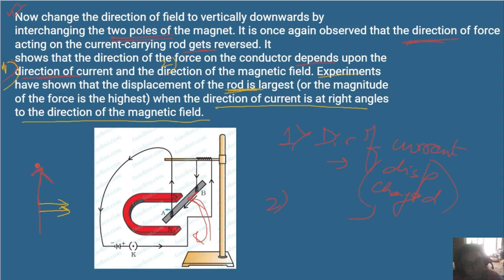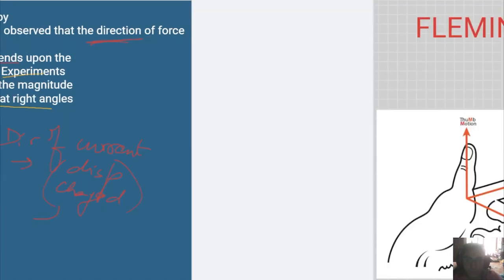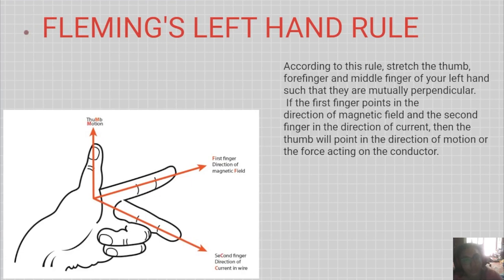So at this particular position, the force acting on the rod placed here arbitrarily will be the maximum. And why will it be maximum? We are going to learn because of Fleming's left hand rule.